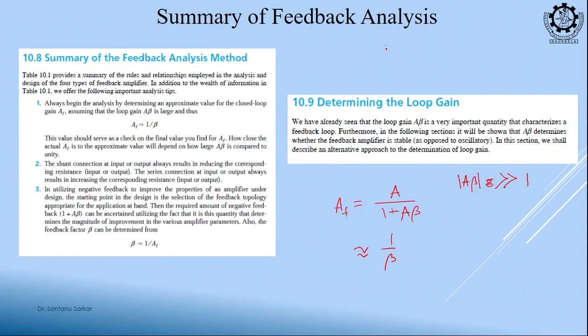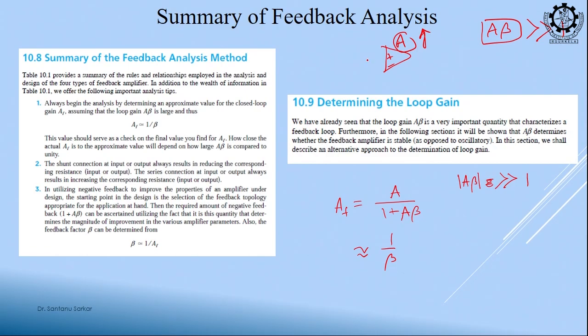Think of an op amp. What are we doing? We are considering this A is very large. Why are we doing so? So that when we multiply this with your feedback element, this must be much greater than 1.